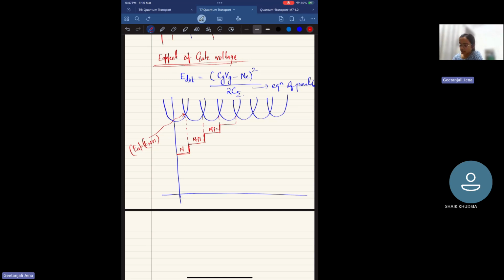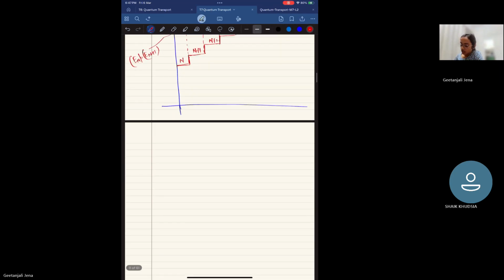So let me start with the schematic, if you want to understand this. Previously, the energy level of En plus 1 is much greater than En. Because this energy level is greater, we won't be able to add one electron to this quantum dot region or classical dot region.